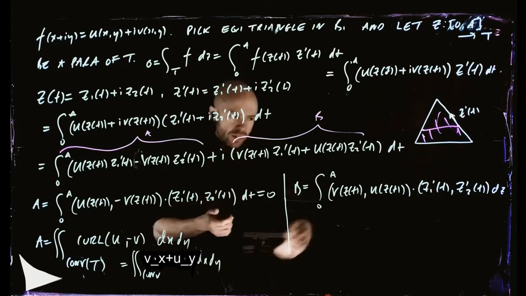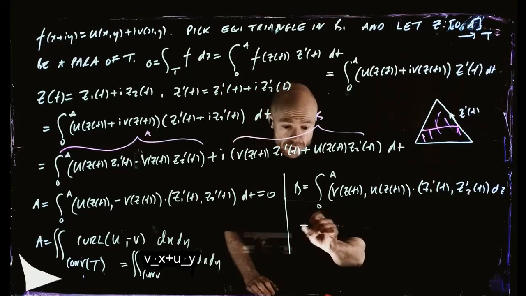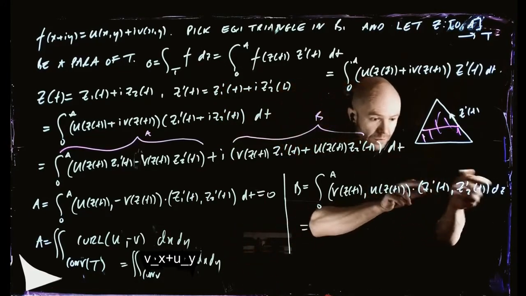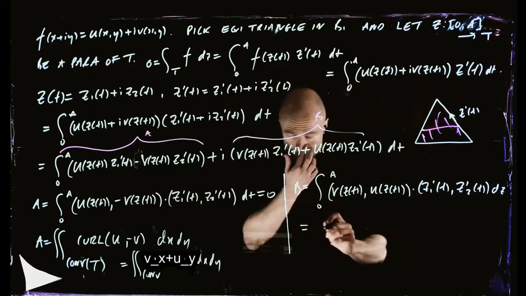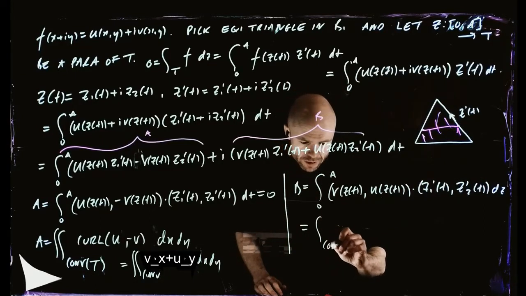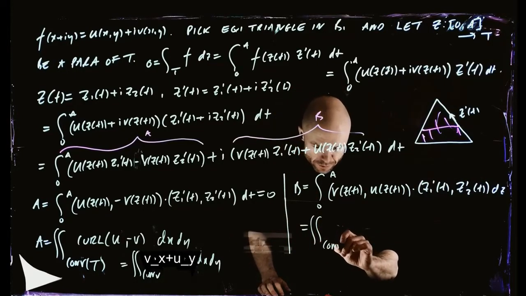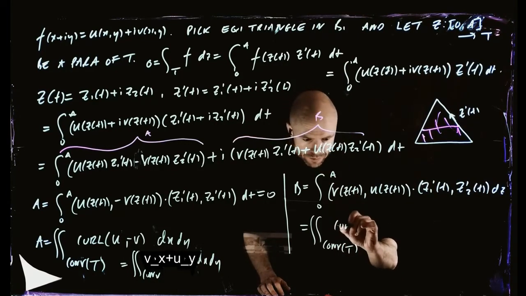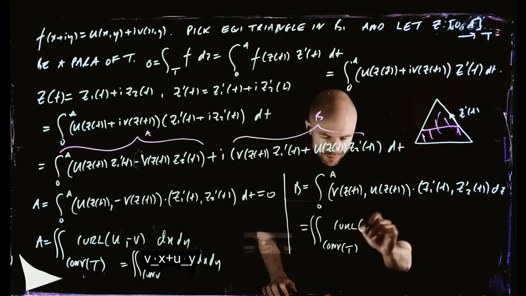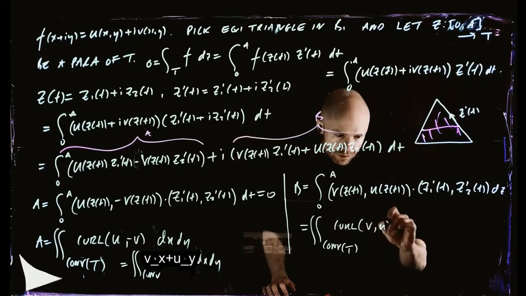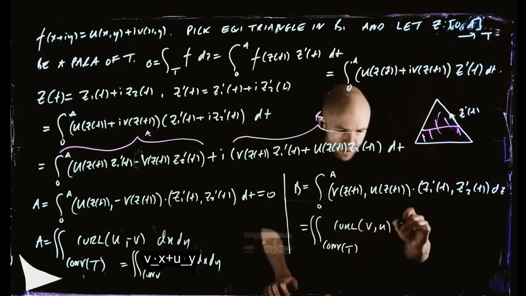Yeah? Same game here. What is this thing? Again, we're going to apply Stokes' theorem. This is the tangent. So then this thing is equal to the integral around the convex hull. Let's do the double integral of t of the curl of this vector field, which is v u, okay? And then dx dy.